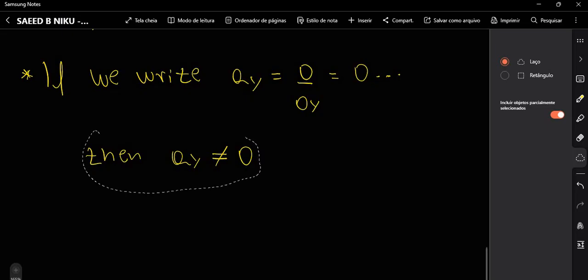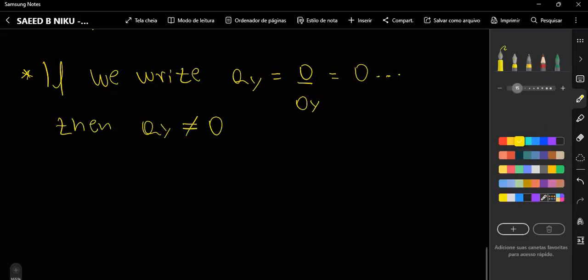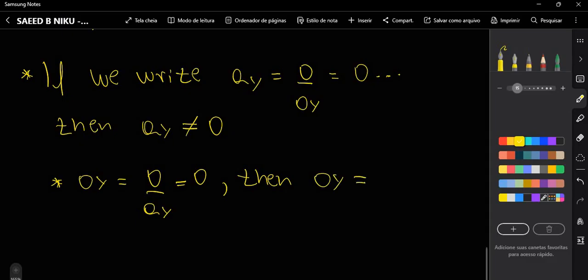And if you write that Oy is equal to 0 divided by Ay, which is equal to 0, then Oy necessarily needs to be different from 0.